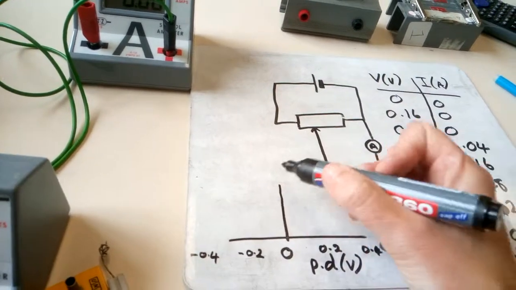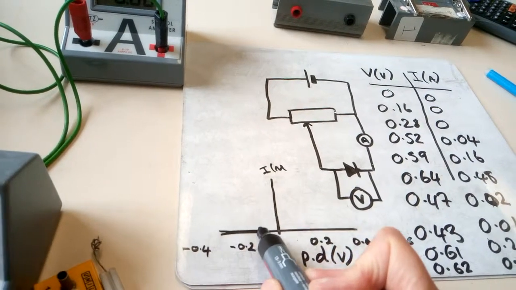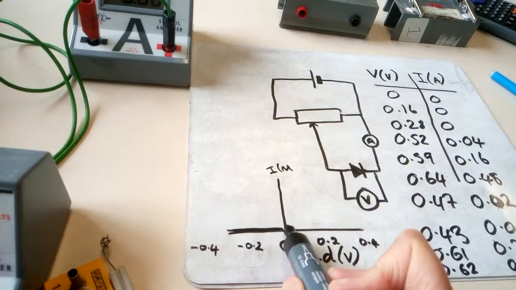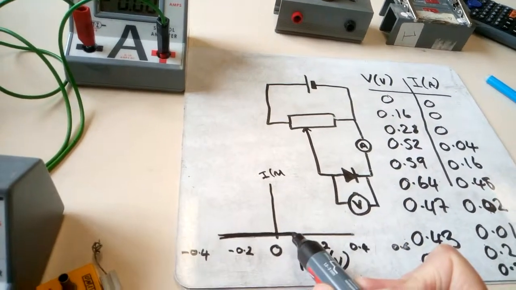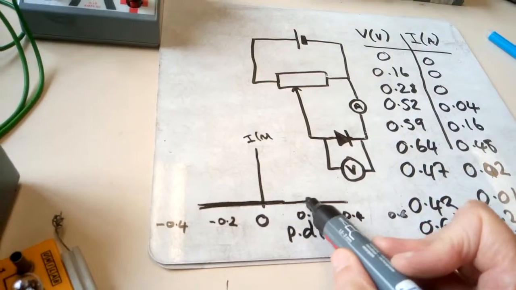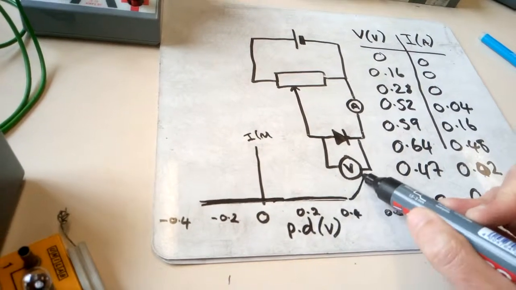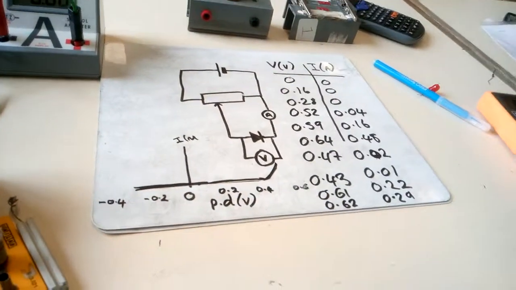Because we've said that our current in the negative direction is 0. So when you draw it, you'd have a bit in the negative direction at 0. It carries on at 0 until we first got something at 0.43, so it goes along at 0, and then suddenly we've got absolutely loads, so it goes up like that. So try and plot these results on the graph for me, please.